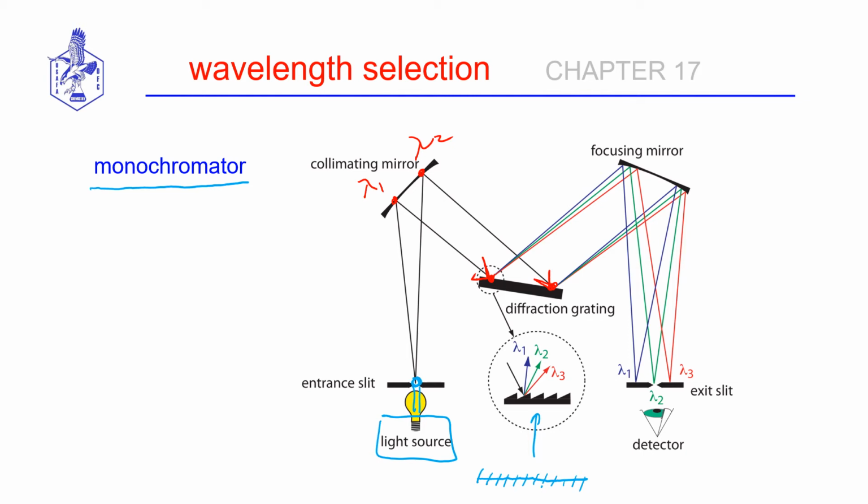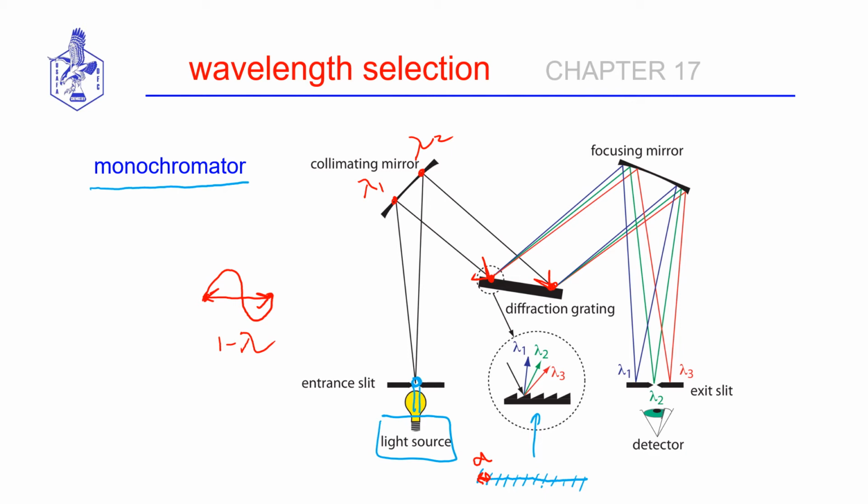Remember, wavelength is the distance traveled to complete one cycle. That wavelength relative to the spacing d on the diffraction grating is going to set up constructive and destructive interference depending on the wavelength.